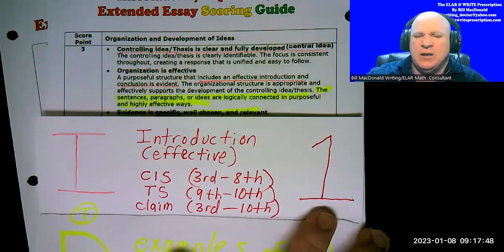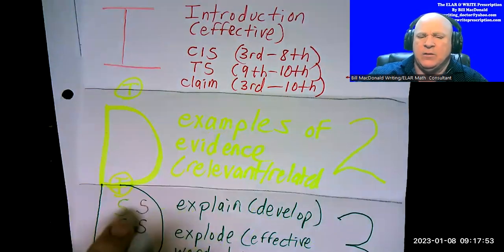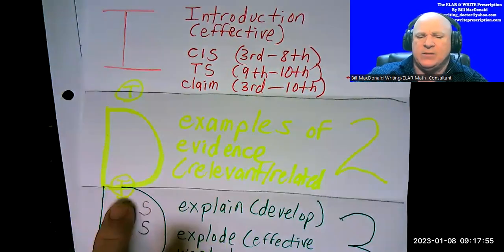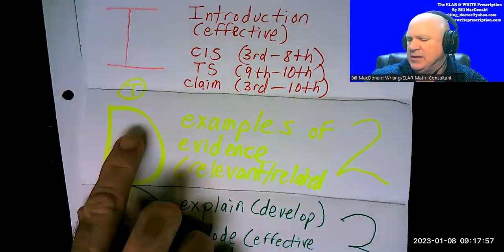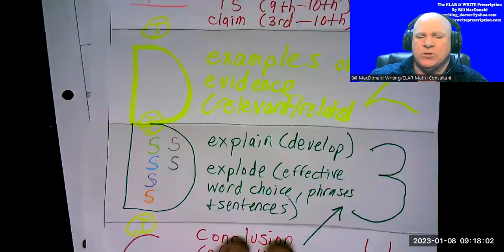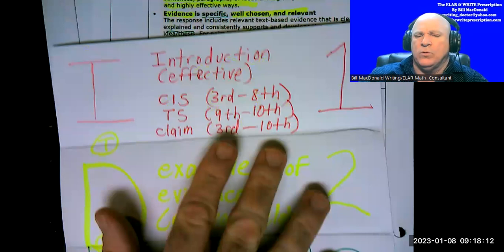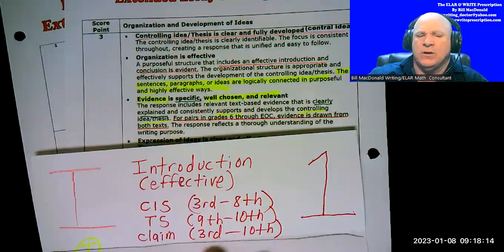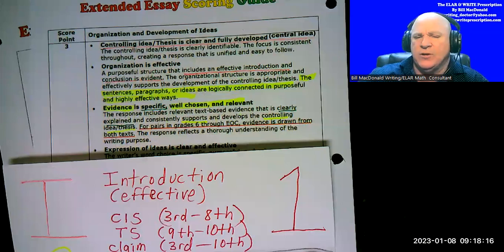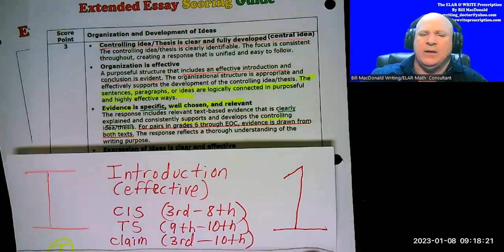So I have a T here for transition and tie, and a T here in the body because the evidence and the way you explain it has to tie together, and a T down here before the conclusion because everything has to tie together, whether we're talking about your sentences, your paragraphs, your ideas, connected in meaningful ways.